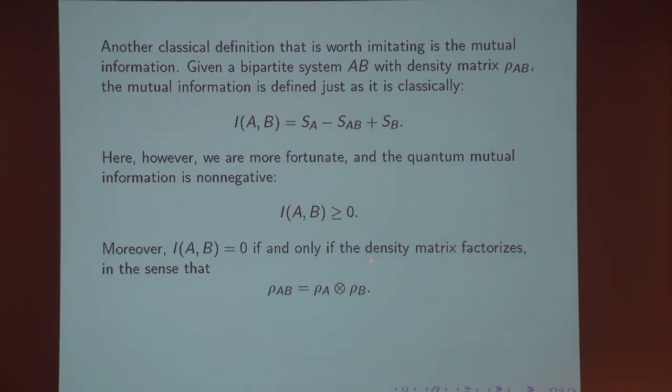Moreover, it's zero if and only if the density matrix factorizes, in the sense that rho AB is a tensor product of rho A and rho B, which is the analog of having no correlations classically. So just as in the classical case, positivity of mutual information is called subadditivity of entropy.